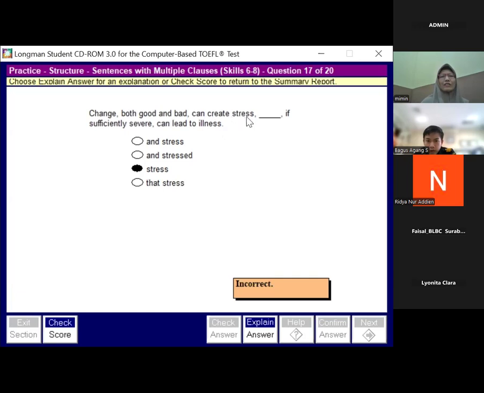Change can create stress, and this is the appositive, both good and bad. I hope you still remember. Can lead to illness, and this is also explaining the subject here. And we need a connector, and the connectors that are available are option A and option B, and the answer should be A.